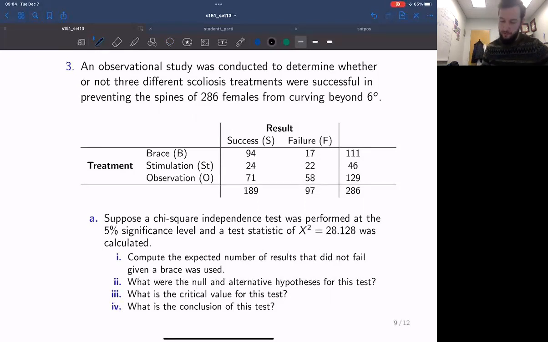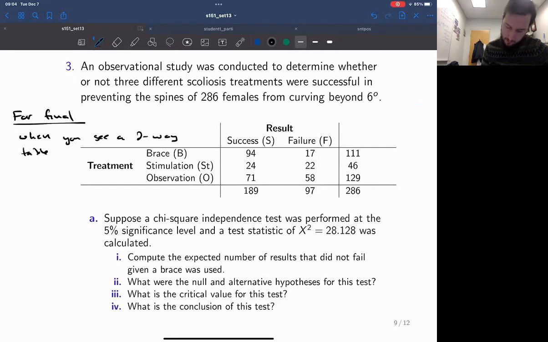Okay, so for the final, when you see a two-way table, think chi-square independence test.